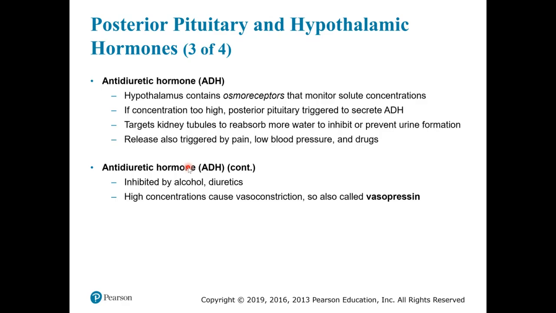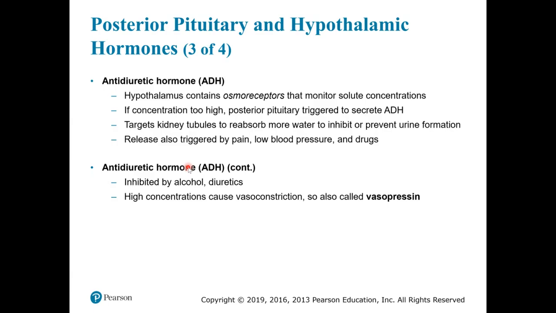The target cells for ADH are specific places in the kidney tubules. There's a bunch of different types of kidney tubules, these little parts of the kidney that actually do the filtration, called the nephron. And the nephrons, we'll hopefully get to that at the end of the semester, have a couple of different parts to them, and the tubes get named tubule, little tube.